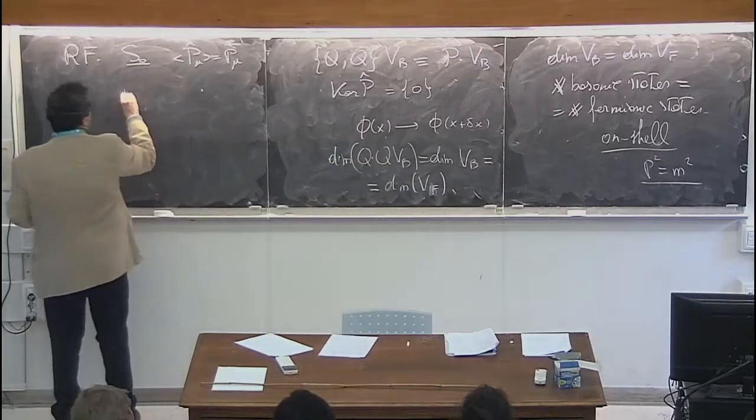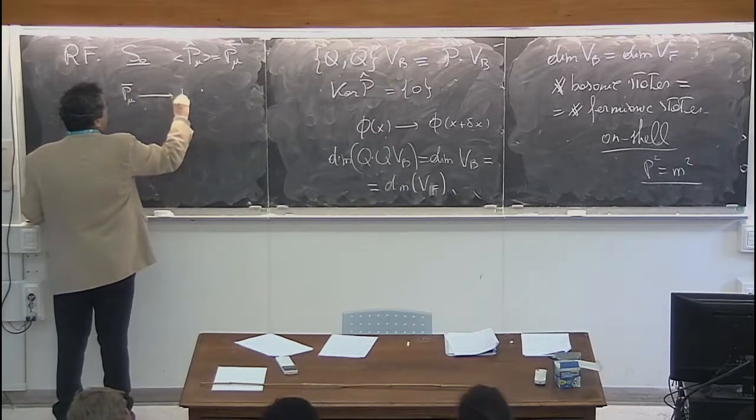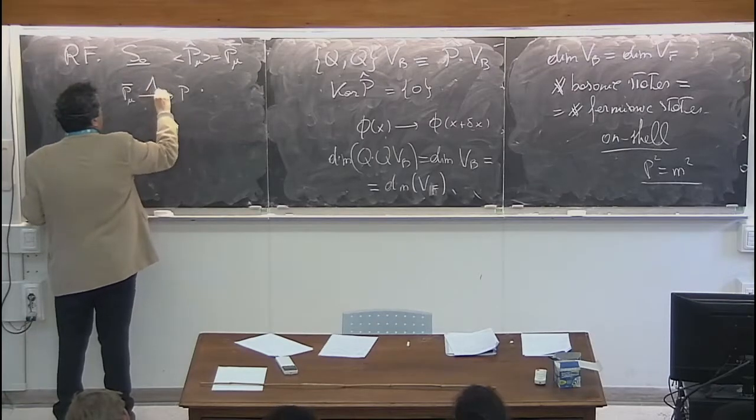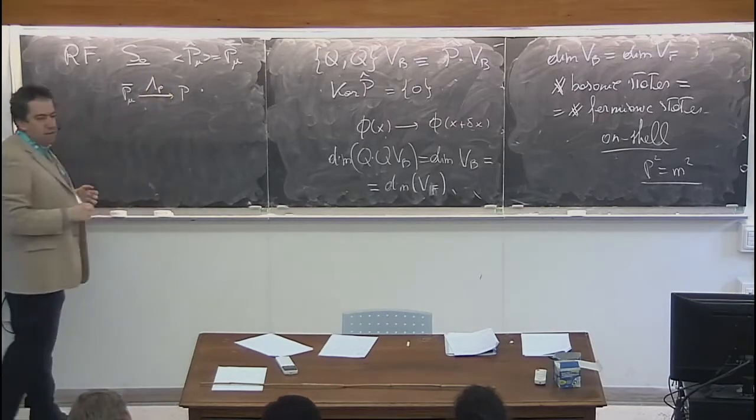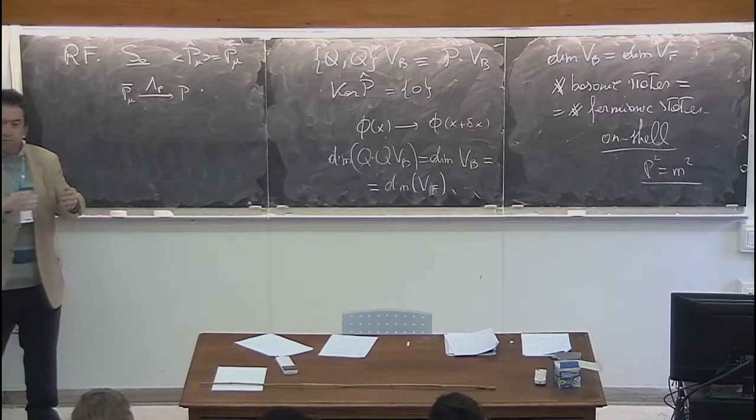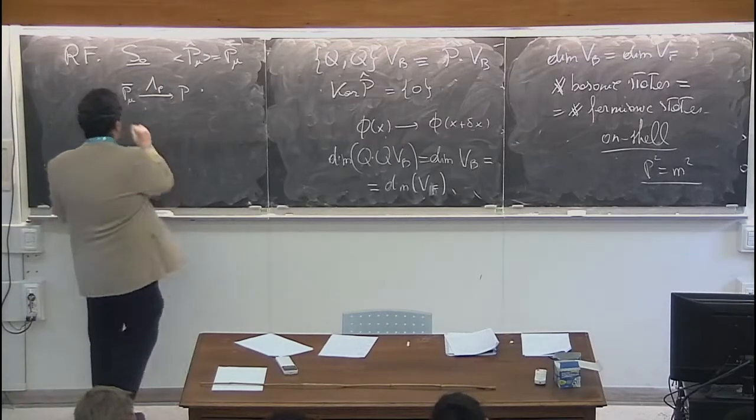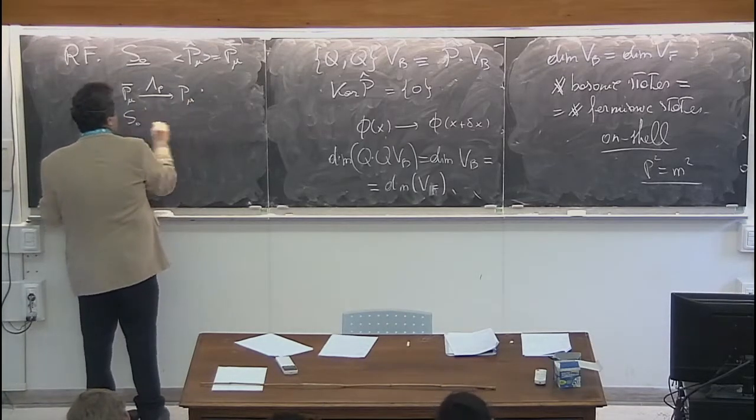By means of the Lorentz boost, I can go from P mu to P using a specific Lorentz generator. And then we move from S naught to a generic S.